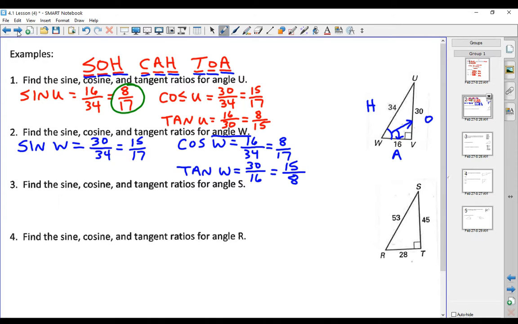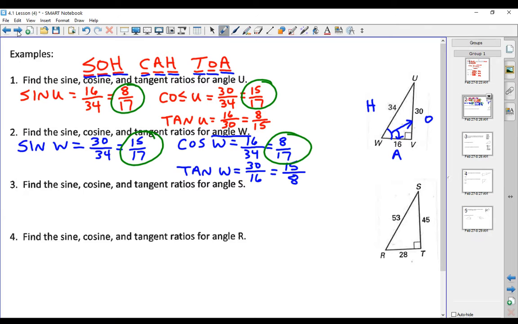And the cosine of angle W, the other angle, was 8 over 17. Also notice that the cosine of angle U was 15 over 17, and the sine of angle W is 15 over 17. So the sine of one angle is the cosine of the other, and vice versa.